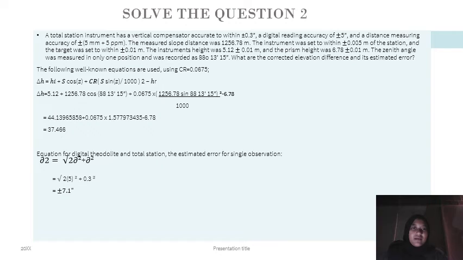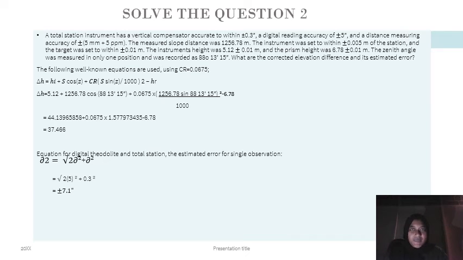Increment H equals 5.12 plus 1256.78 cos 88 degrees, 13 minutes, 15 seconds plus 0.0675 multiplied by 1256.78 sin 88 degrees, 13 minutes, 15 seconds, squared, minus 6.78. The answer is 37.466.